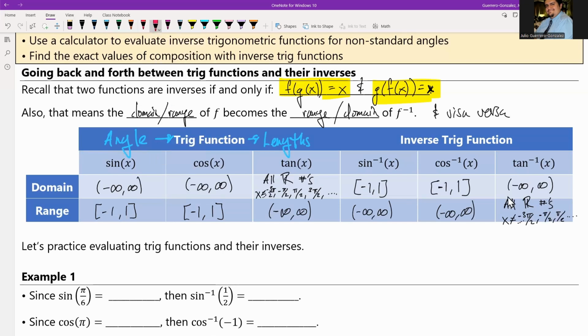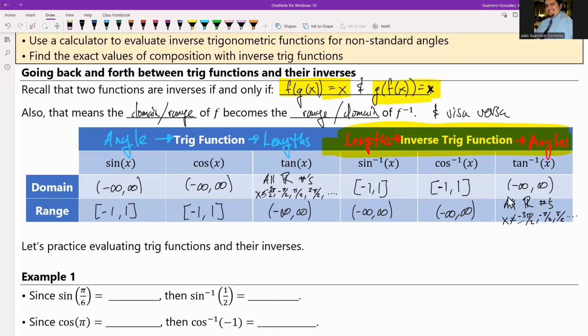So for inverse trig functions, we are going to give it lengths, and it will pop out angles. Essentially backwards from what the trig functions were doing. You guys see that? Trig functions grabbed angles and gave us lengths. Inverse trig functions, we give it lengths and it will give us angles.